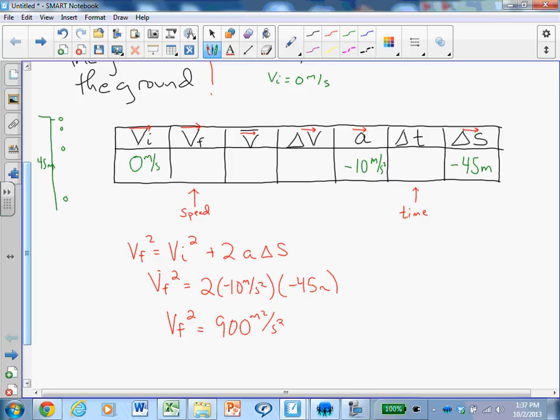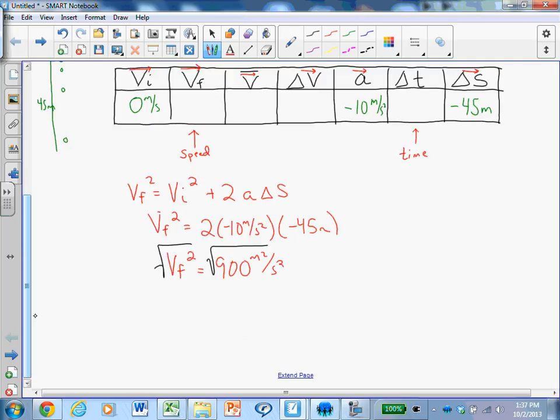And then square rooting both sides, we get 30. Now, this is an interesting point because it's actually plus or minus 30, isn't it? That would solve that equation because minus 30 squared is also 900. So which one is it?